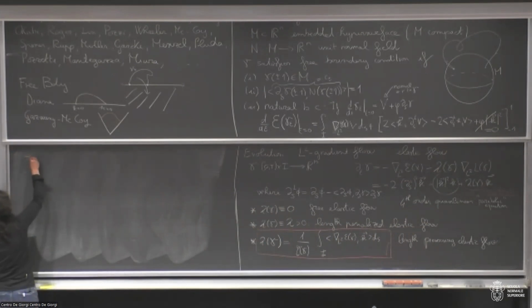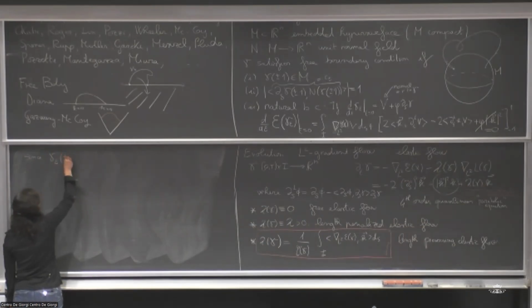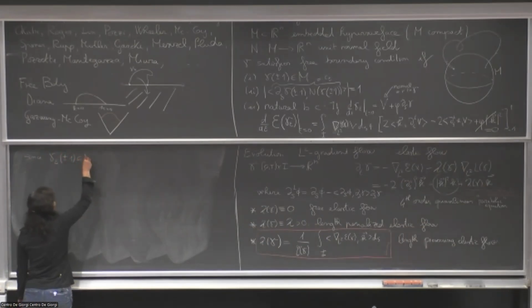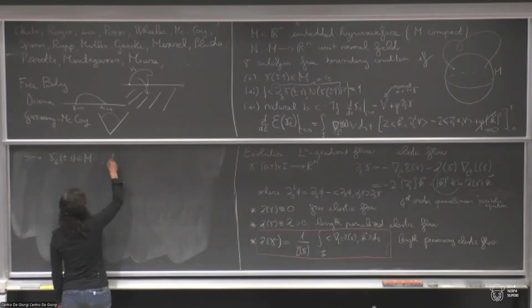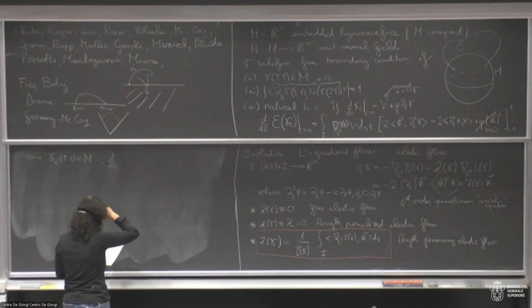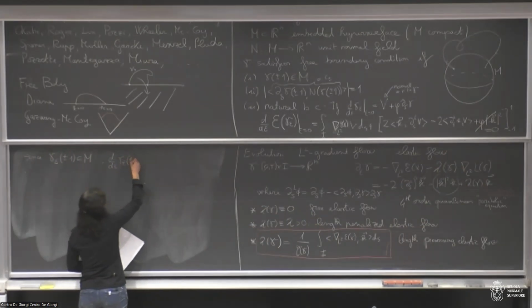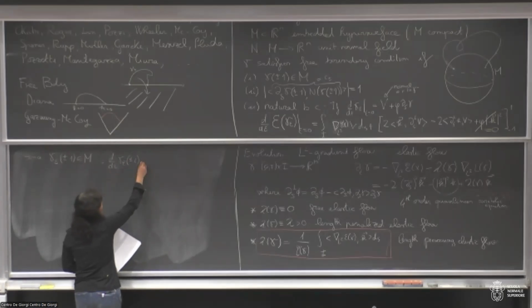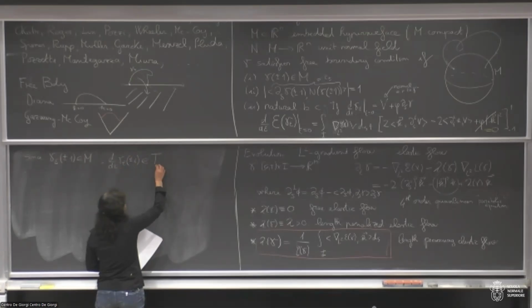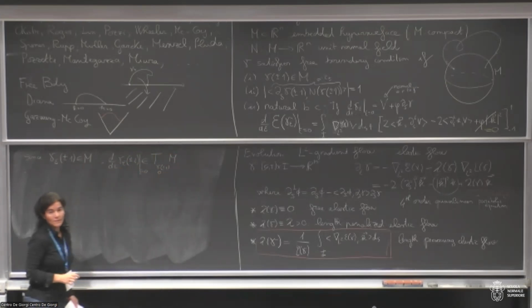Okay, since gamma epsilon, so the variation, has to satisfy the free boundary, that means at the point plus minus 1 it has to be on our hypersurface M. That means that when we take the variation, since that has to stay in the hypersurface, it needs to be an element of the tangent space in the point gamma epsilon of 0, let's say 0, of M. So it needs to be tangential.